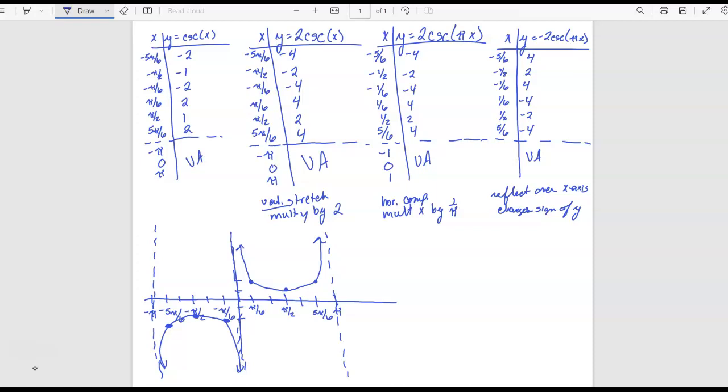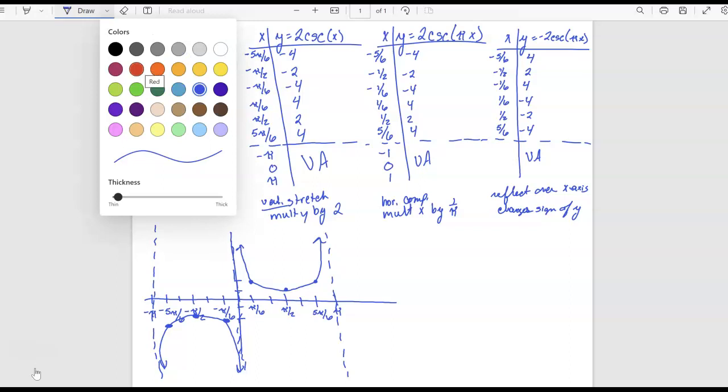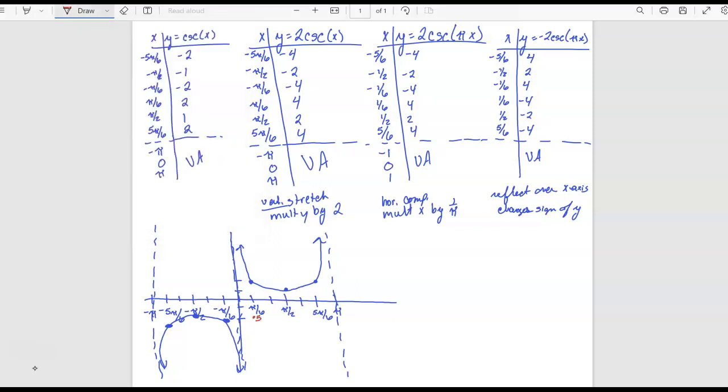So I'm going to go along that bottom and turn everything into decimals. So pi divided by 6 as a decimal, and I'm going to use a different color so we can see that better, is about 0.52. Pi over 2 as a decimal is 1.57. And I don't think we're going to need to go any further than that.